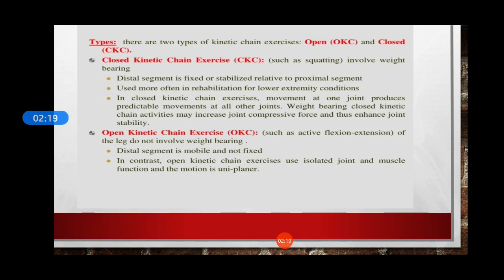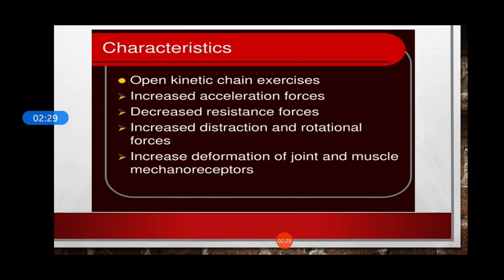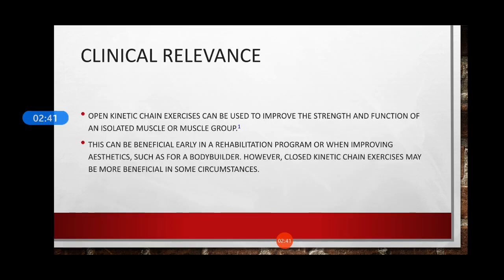In contrast, open kinetic chain exercises use isolated joints and muscle functions at the motion, and the motion is uniplanar. Here you can see the distal segment is mobile, not fixed, that is an open kinetic chain exercise. Here we see increased acceleration forces, decreased resistance forces, and increased distraction and rotation forces.